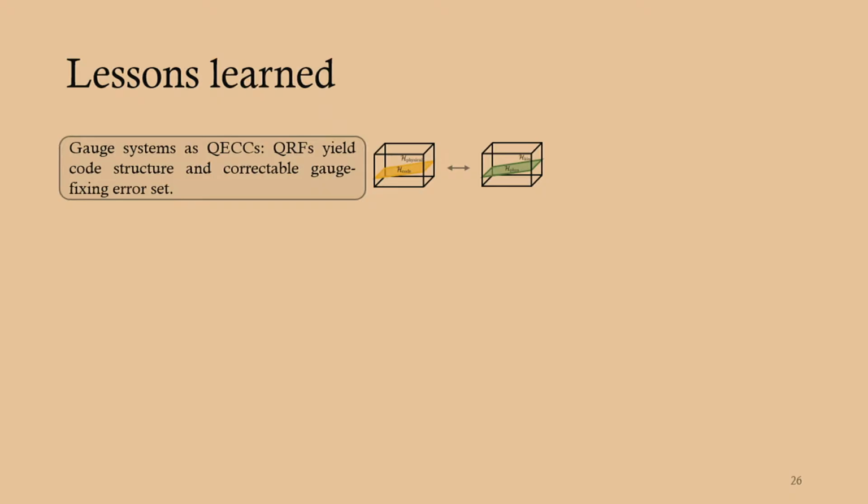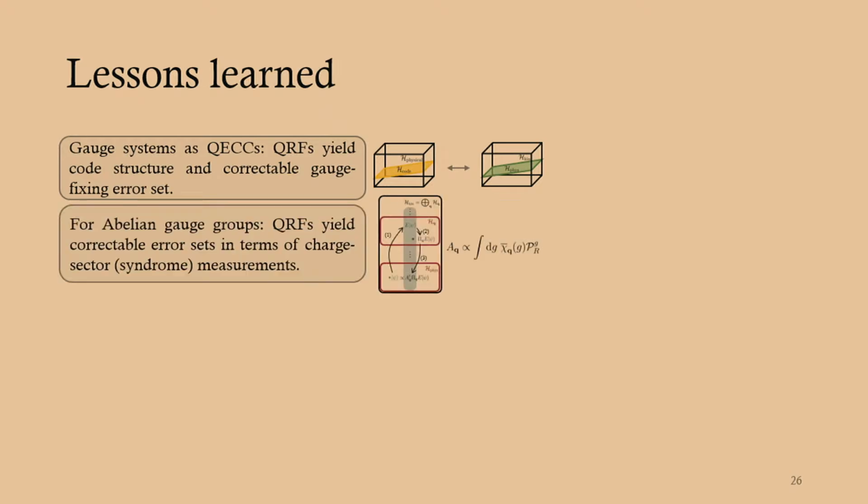And this is true whenever we have a compact gauge group, whether it's Abelian or not, or whether the quantum reference frame is ideal or not. But if our gauge group is Abelian and the quantum reference frame is ideal, then we can obtain from the gauge fixing operators such a set of errors AQ, which map into the different charge sectors, which are correctable by this charge sector or syndrome measurements.